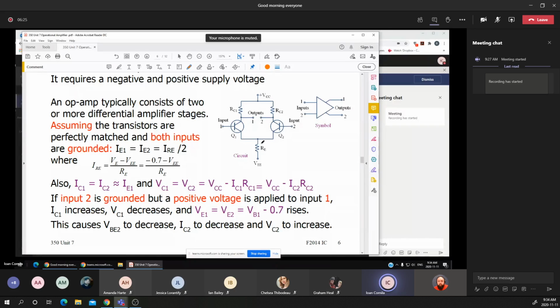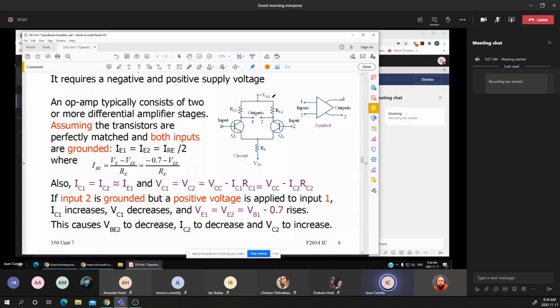In the same way, we can determine the value of this current, the IRE, which is the current that flows through RE, the common resistance. It is the VE, the emitter potential with respect to ground, minus the supplied voltage, which is the VEE, a negative voltage source.